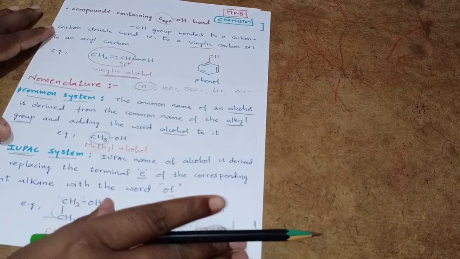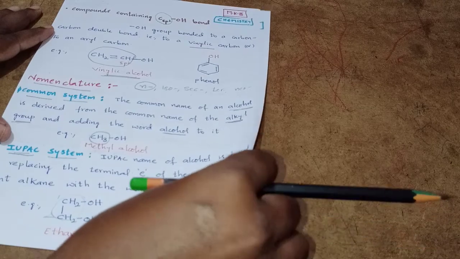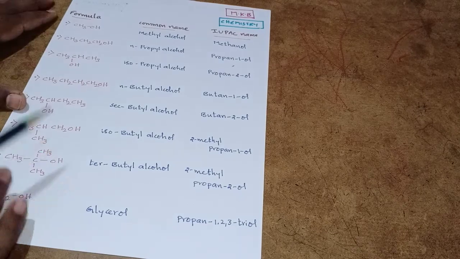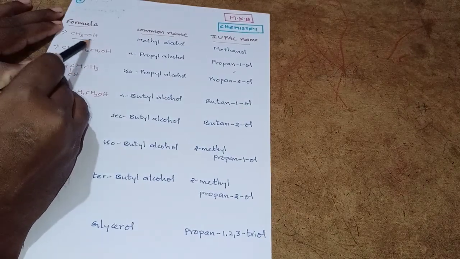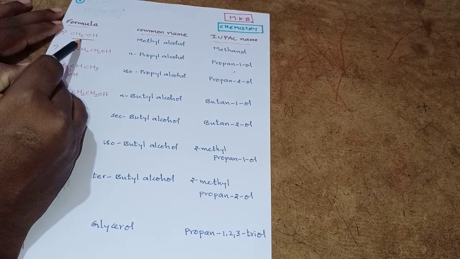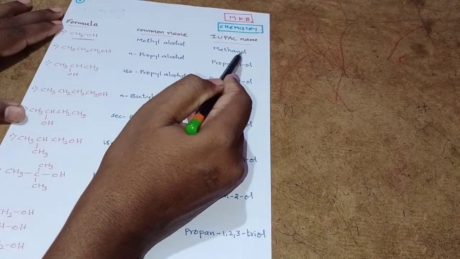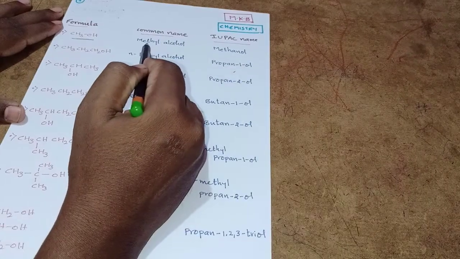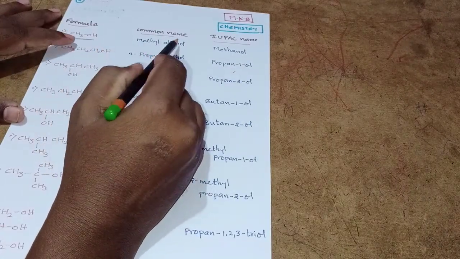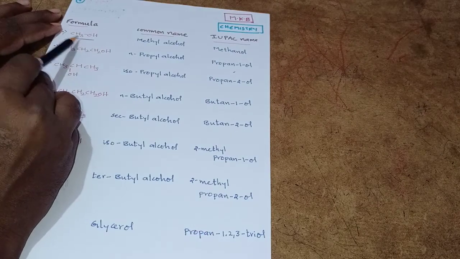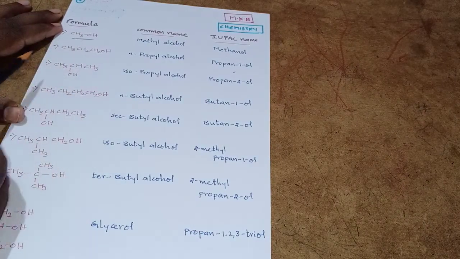So this is the common system and IUPAC system way of giving names. Now let us solve some examples. The first one we have already discussed: CH3OH, methyl alcohol, methanol. I have already explained how to write the common name and IUPAC name for this formula.